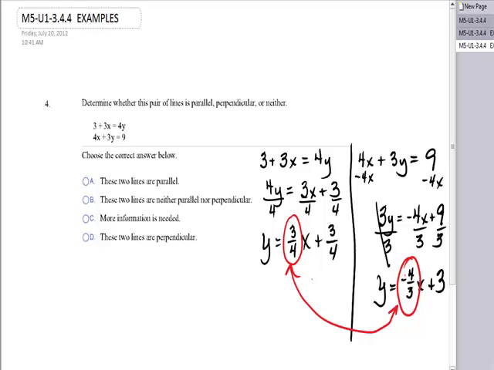Okay. These two slopes are opposite in sign. This one's positive, this one's negative. This one's 3 over 4, this one's 4 over 3. So they are both opposite and reciprocal. That means these are perpendicular. Two characteristics, opposite and reciprocal, in order to be perpendicular.